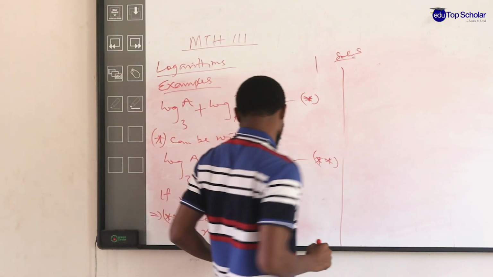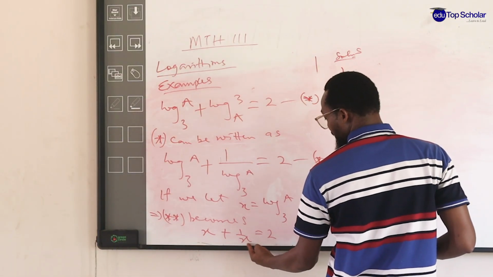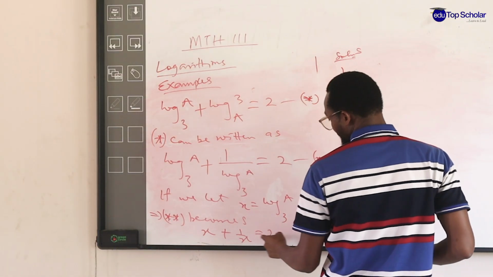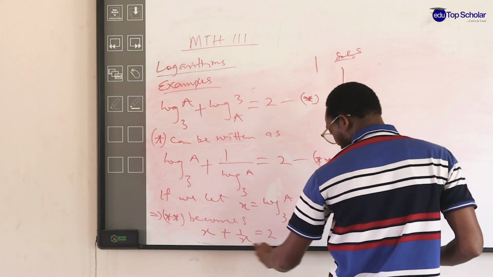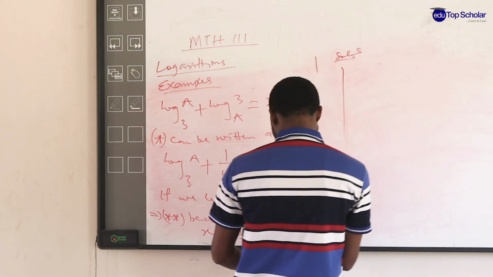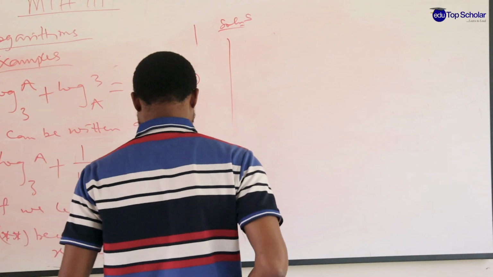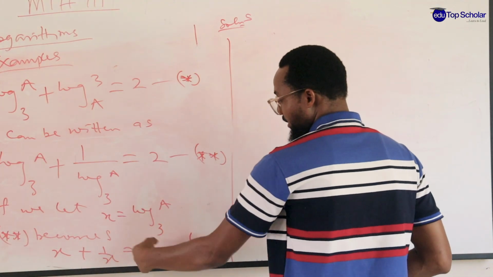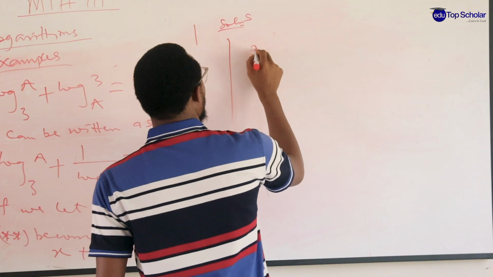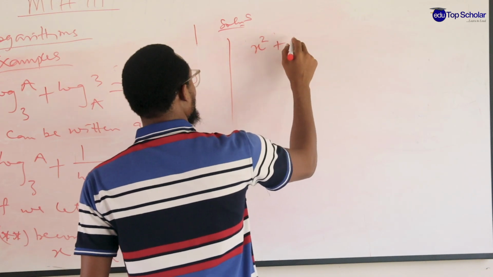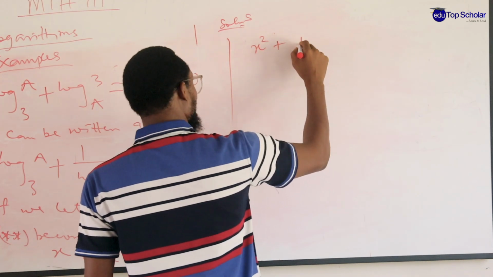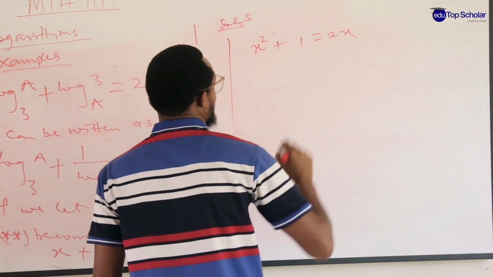Because of this fraction, this thing is giving me headache, I want to remove it. So, I can multiply this equation through by x. I can call this star star star. So that by the time I multiply this by x, I have x squared plus 1 equals to 2x.